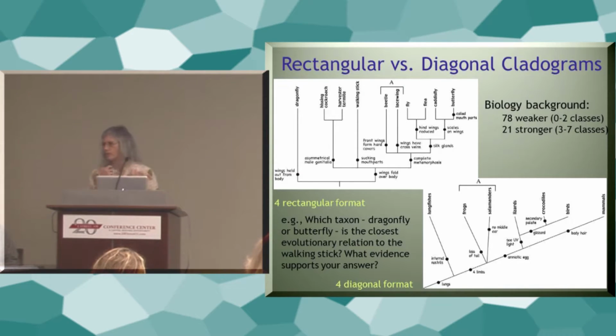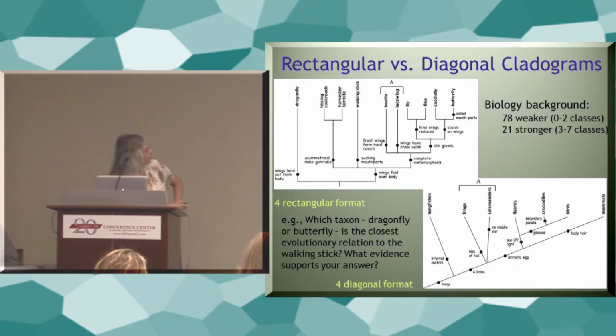The students received 4 diagrams in a rectangular format, 4 in a diagonal format. We asked them a variety of relationship and inference questions about the information depicted in these diagrams. So for example, this is for the rectangular format diagram at the top. We asked, which taxon, dragonfly or butterfly, is the closest evolutionary relation to the walking stick?